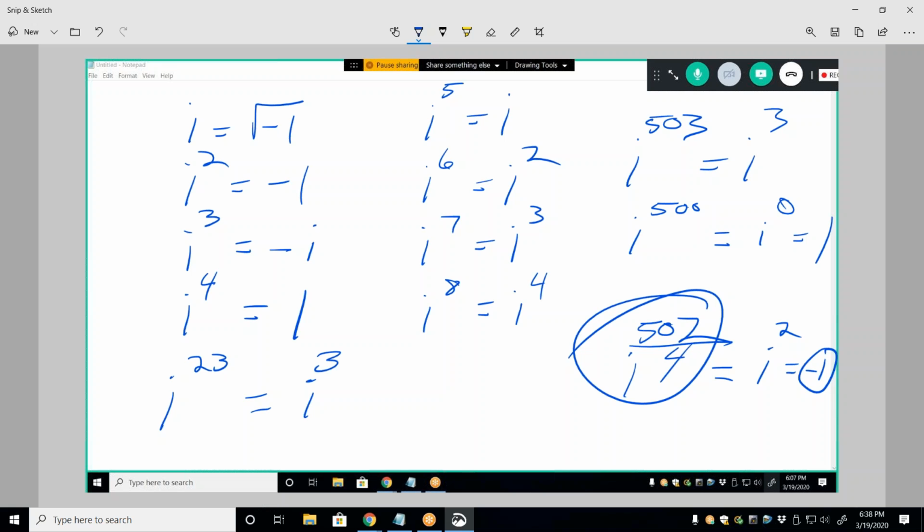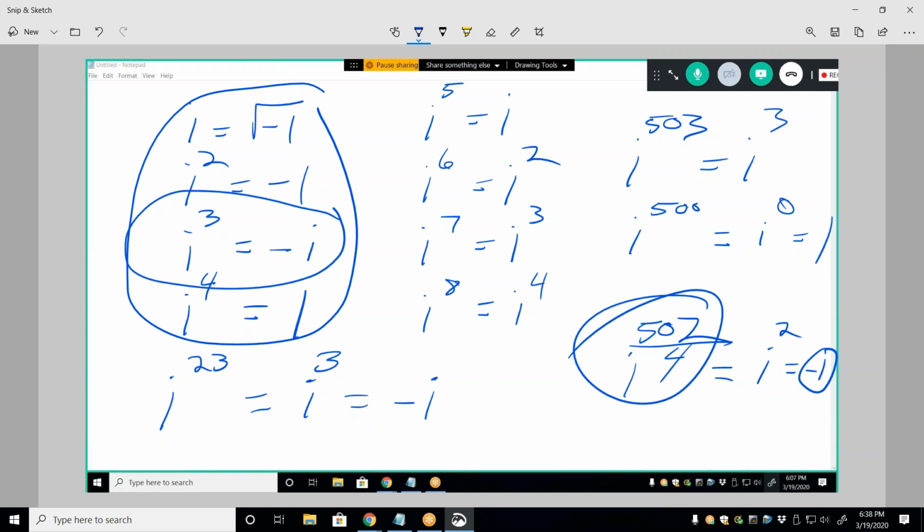Okay, so it's the same as I to the 3rd, and I to the 3rd is minus I. So every time you divide it by 4, you're just figuring out which one you're using. Whether it's root negative 1, negative I, or 1. And I could write 100 more following that. But it follows the same repeating pattern, and that's why you divide it by 4. Exactly. Every power of 4 just starts replicating itself after that.